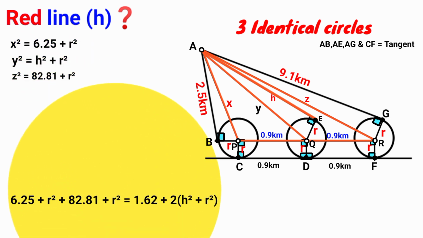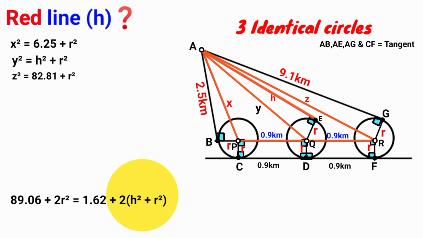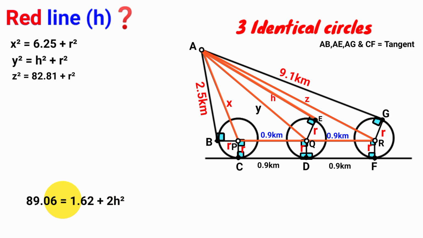So 6.25 plus r squared plus 82.81 plus r squared equals 1.62 plus 2 into bracket h squared plus r squared. 6.25 plus 82.81 is 89.06. r squared plus r squared is 2r squared. Here 2 into bracket h squared plus r squared is 2h squared plus 2r squared. This 2r squared will eliminate this 2r squared.